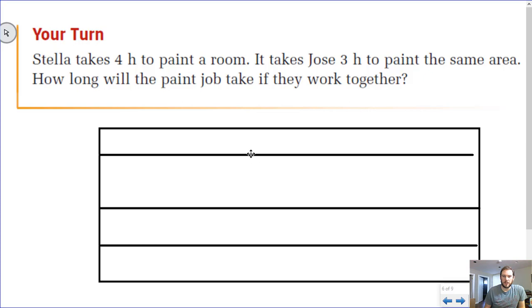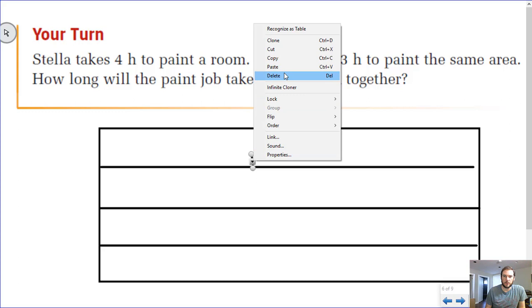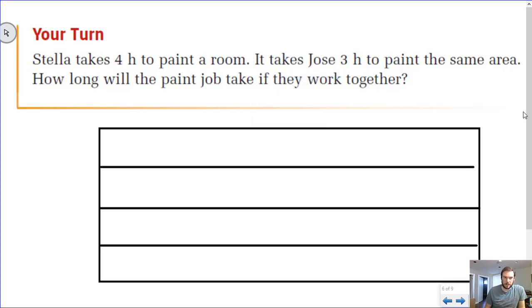Josh takes 3 hours to paint the same area. And we want to know how long it'll take them to do it together.